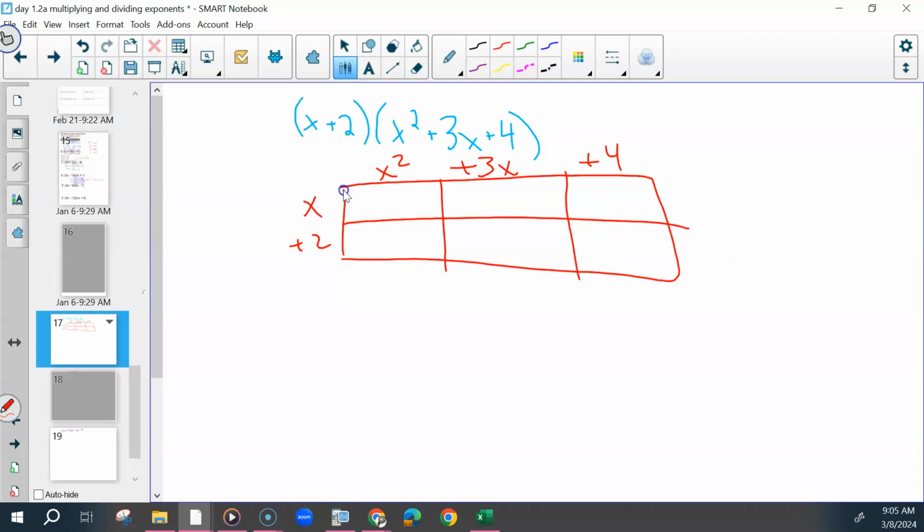Not x squared, remember you're adding the exponents. X cubed. And we're just going to go across, x times 3x. 3x squared. X times 4. And then 2 times x squared. 2x squared. 2 times 3x. 6x. And 2 times 4.